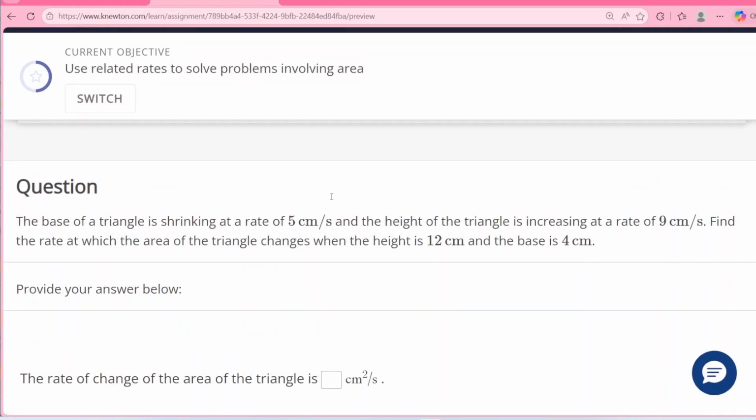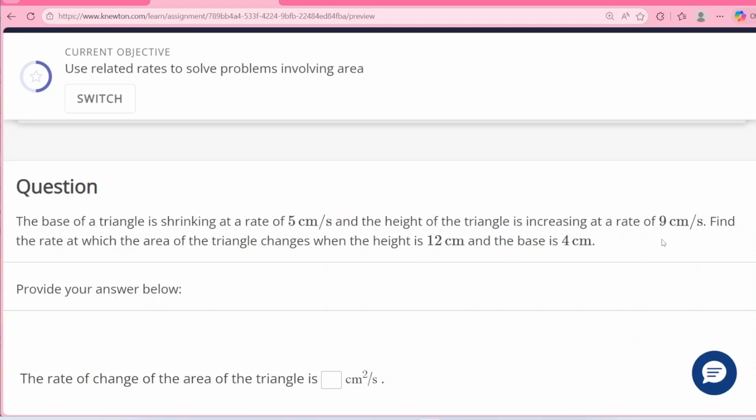All right, so another one, kind of like earlier with the triangle area, where the base is shrinking, so a negative rate of change, and the height is increasing, so a positive rate of change. But notice this time how the height is increasing at a faster rate than the base is decreasing.